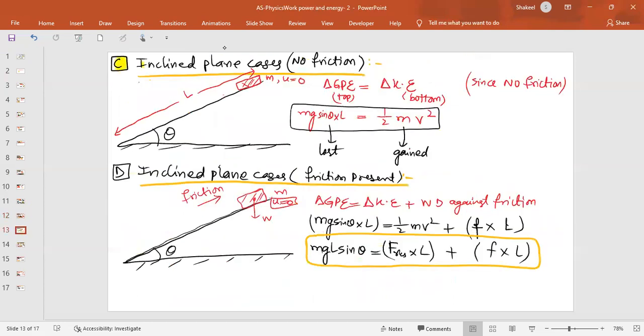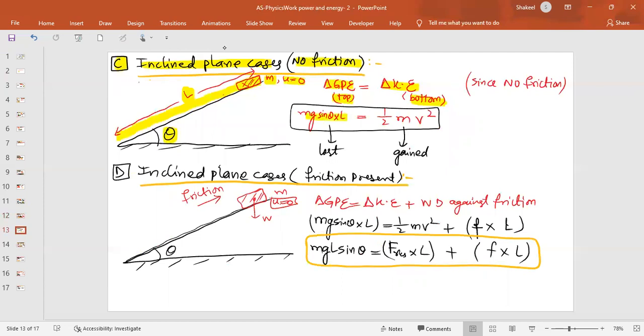Well, case C is the inclined plane case, and there is no friction; the surface is smooth. Theta is the angle of inclination, L is the length to be moved by an object of mass m, which was initially at rest at the highest point. When it is moved from the highest point to the bottom, the GPE at the top is equal to kinetic energy at the bottom, because there is no friction, so no heat losses.